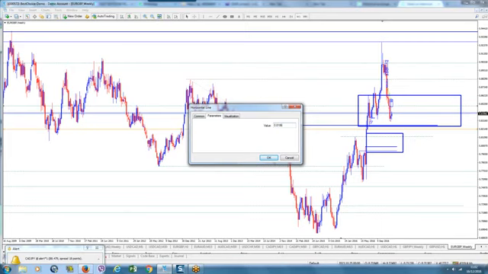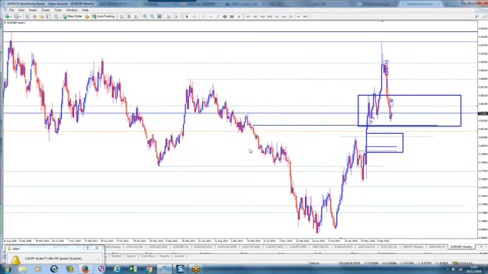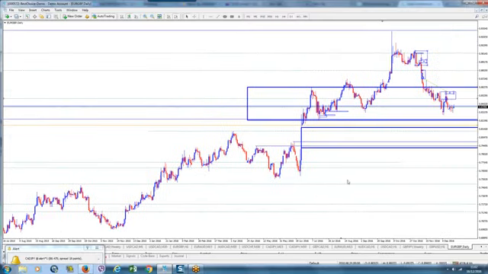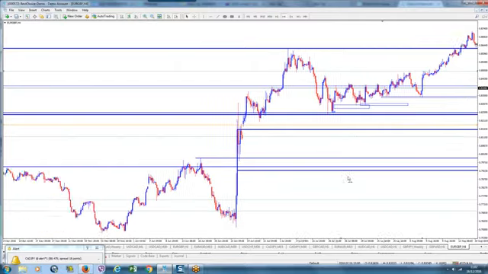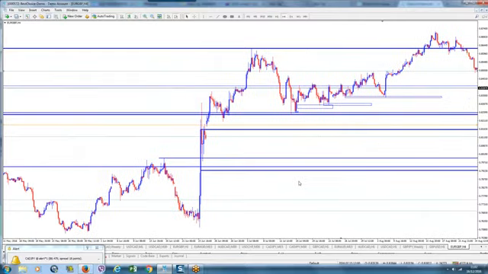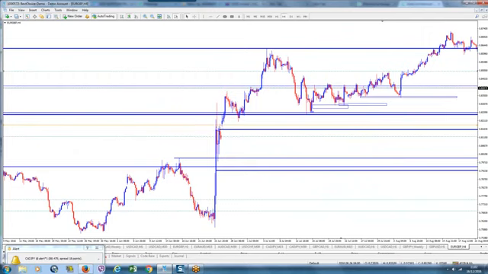this shows you how monthly levels can be just a few pips wide. Actually, this one's pretty enormous, really. It's much, much bigger. Okay.